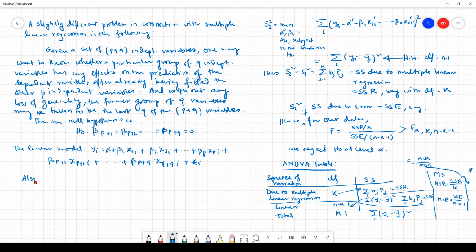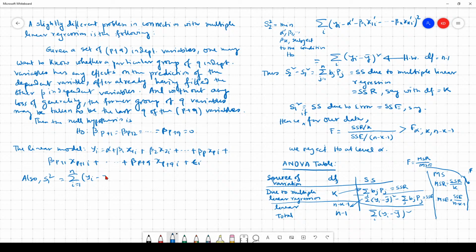Now you define S1 square in the same way, that is, the sum of squared errors is minimized with respect to alpha, beta 1 to beta p plus q.